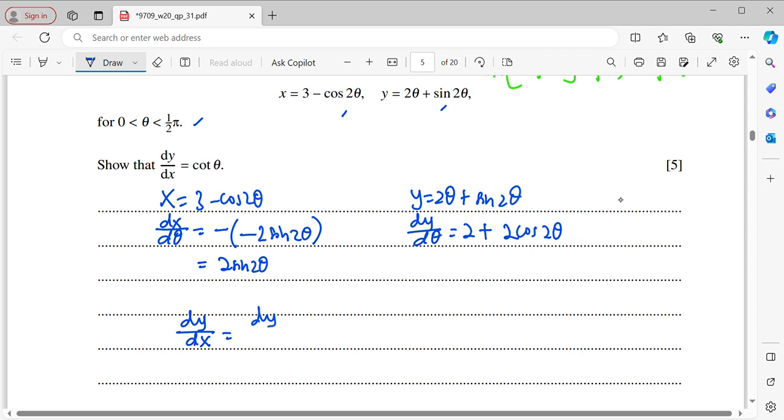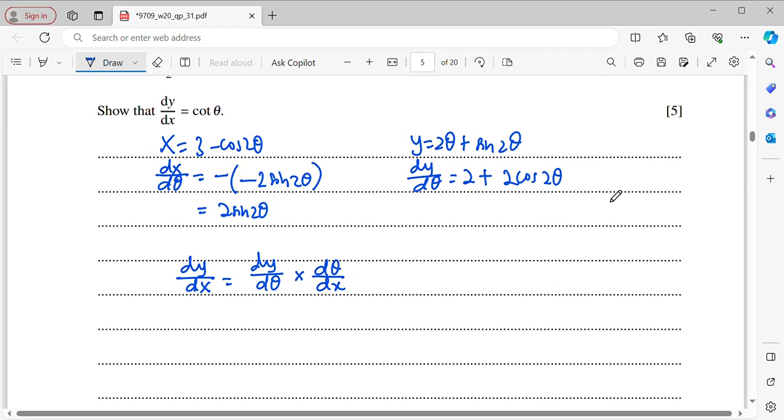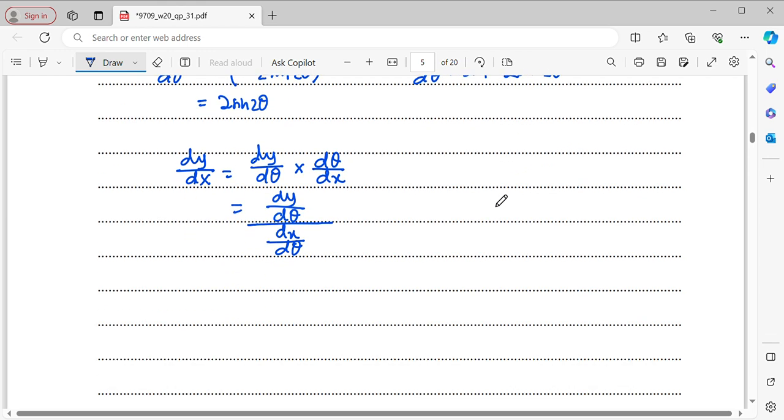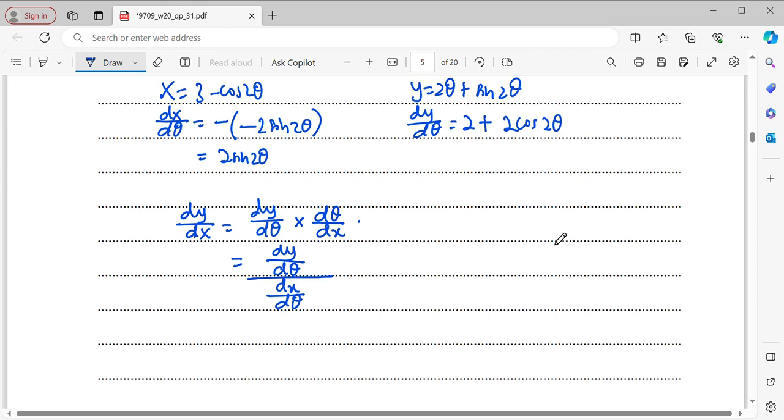This is the same as dy over d theta times d theta over dx. Probably you can just write dy over d theta divided by dx over d theta. It is the same because d theta over dx is the same as 1 over dx over d theta.